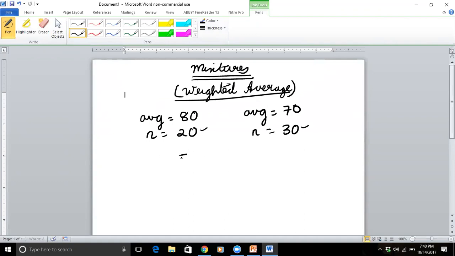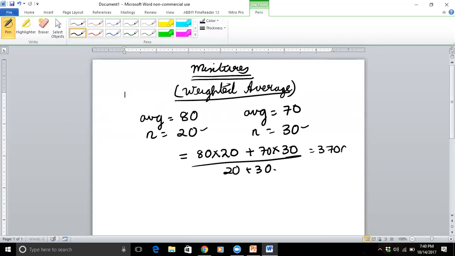So we find the sum of the marks of the first class, add the sum of the marks of the second class, and divide by the total number of students. So 80 times 20 is 1600, plus 2100 is 3700, divided by 50, and the answer is 74. So the combined average here is 74.